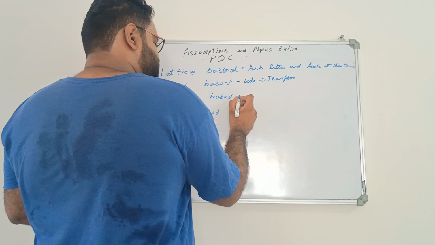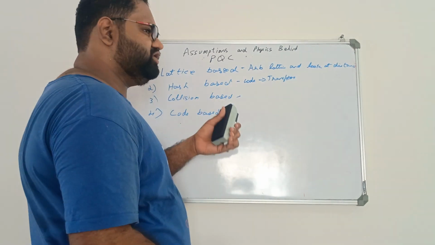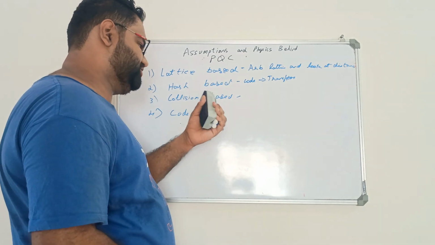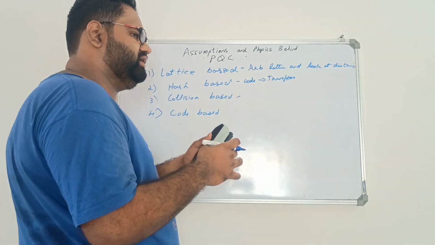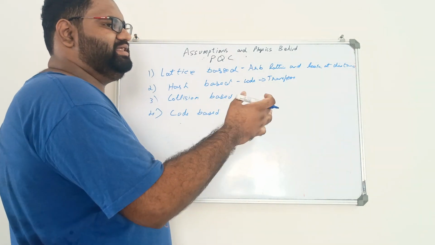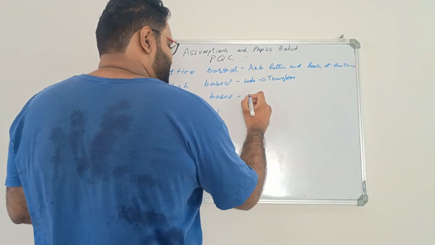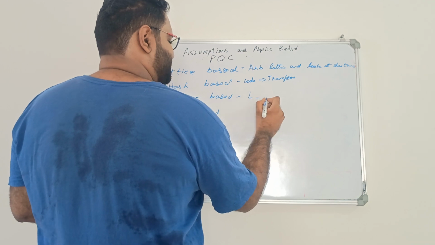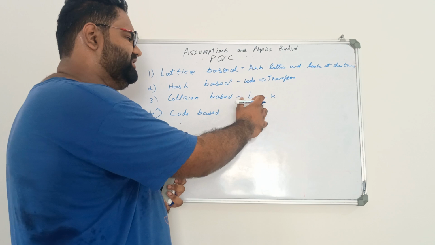Okay, so the next one is collision-based cryptography. This is similar to how S25 works, but it's also not. So what this relies on is collision between passwords. For example, let's say that there's a four-letter word which I'm trying to send to the receiver, and it starts with L and dash dash K. This can be anything.